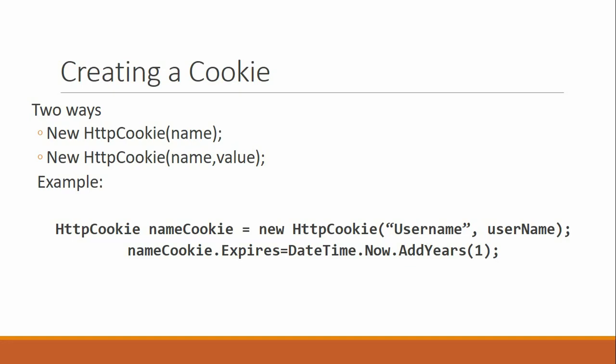Reading this line of code, you can easily understand that you have set the expiry of that cookie to 1 year, which means from the moment this code is called and the cookie is created, 1 year is added, so after 1 year that cookie will expire. It will be there in your system for 1 year. That is creating a cookie.